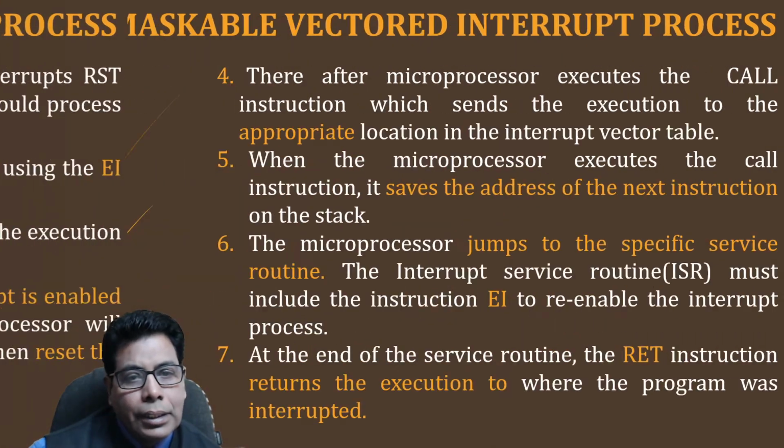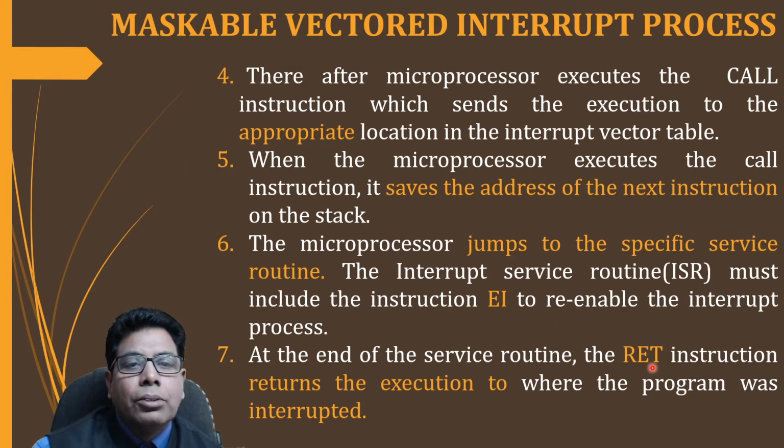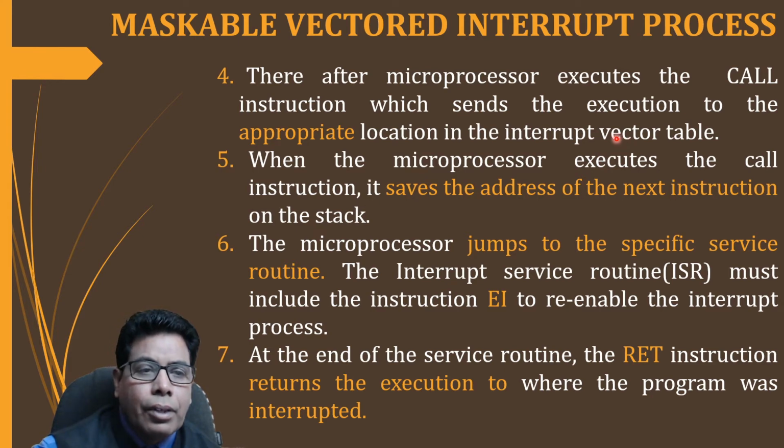Then let us go to the 4th step. Here the microprocessor executes the call instruction, which sends the execution to the appropriate location in the interrupt vector table. Depending on the interrupt, it will send it to the particular location, and we have seen the different locations.